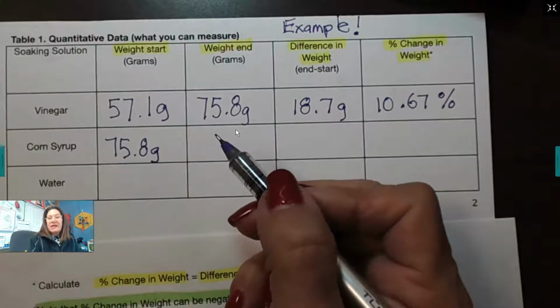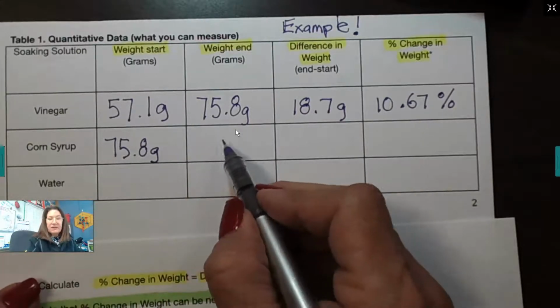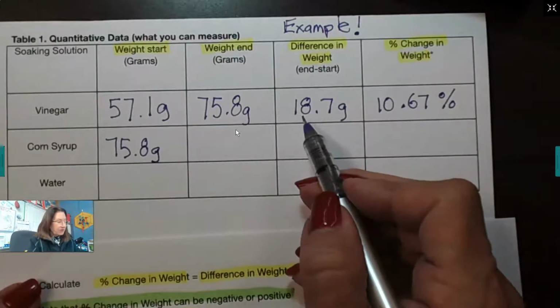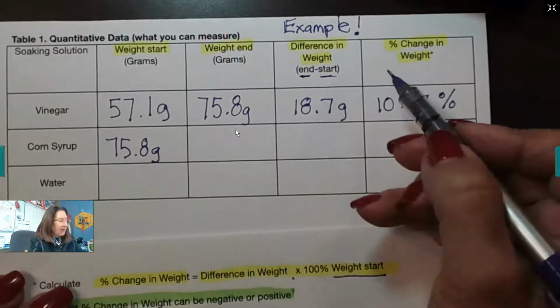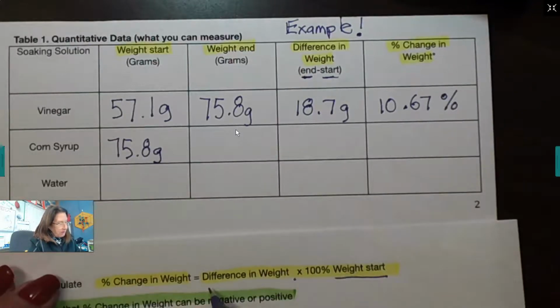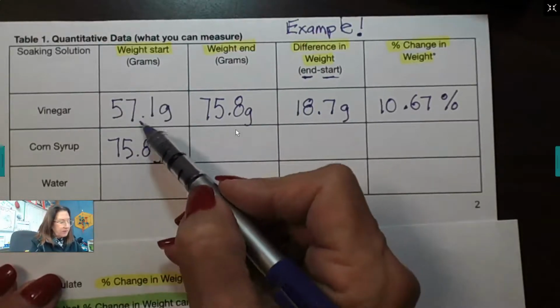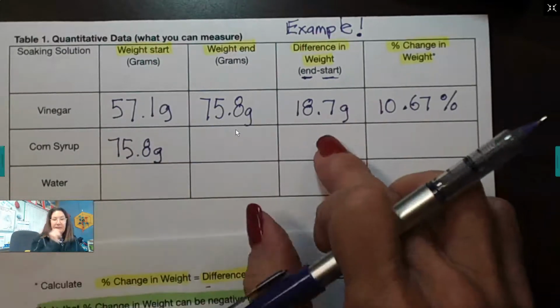Then after a day, we're going to get this weight, and then we're going to continue this process. So again, you're just subtracting the end from the start, and here you are going to multiply the difference in weight times 100% of the start weight. And here, remember, all we're going to do is move this over 2 spots and then multiply that by that.